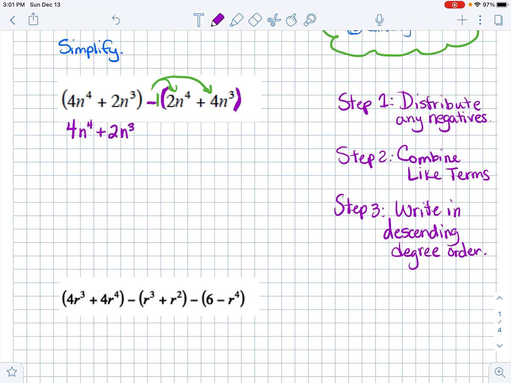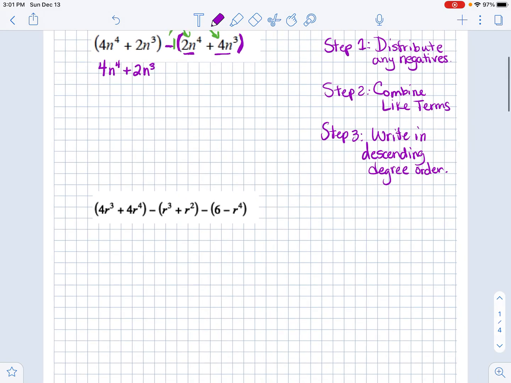Now, as we distribute the negative through the parentheses, remember, every term in the parentheses is going to be multiplied by -1. When you multiply something by -1, what it does is it changes the sign. If it starts out as positive, when you multiply it by -1, it's going to become negative. And if it starts as negative, if you multiply it by -1, it's going to become positive.